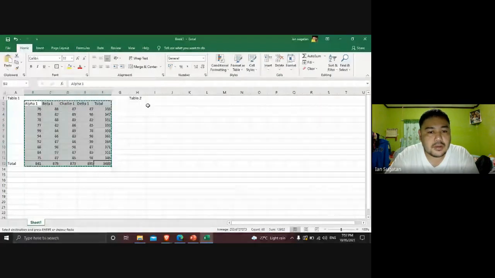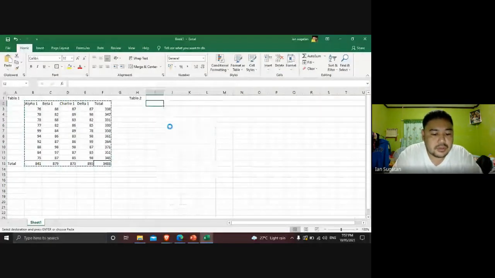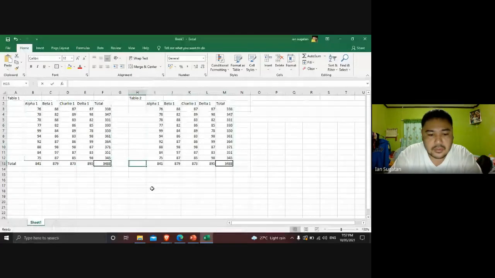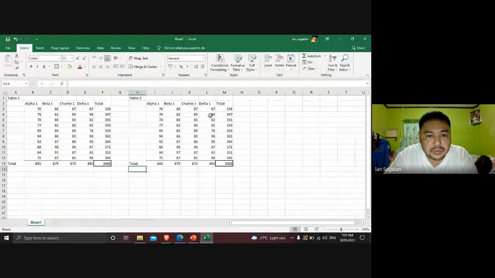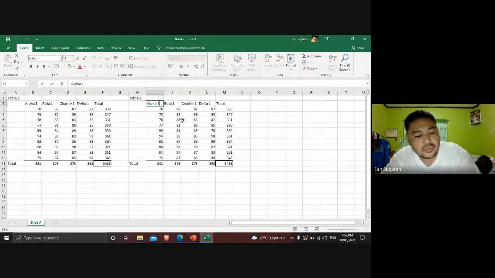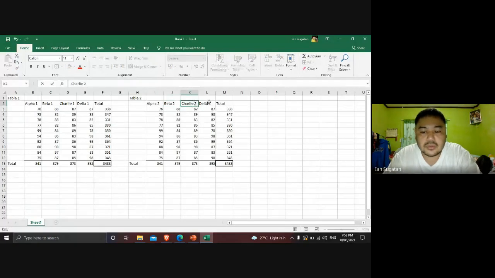Okay. For this, the total. Okay. We will change the values there, no? So it has alpha 2, beta 2, Charlie 2, and delta 2.